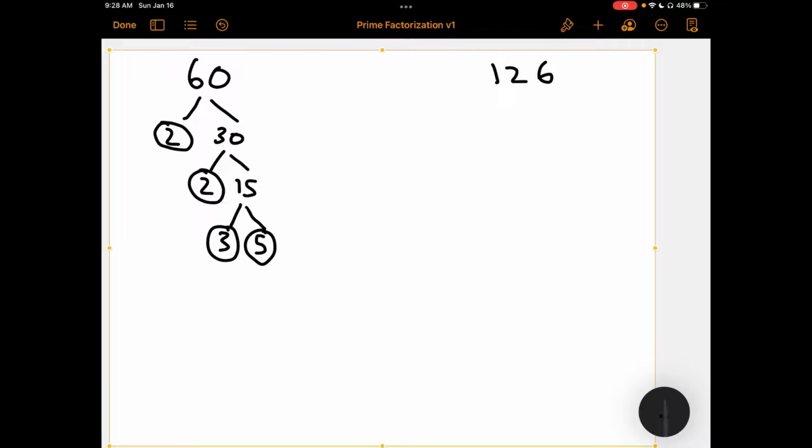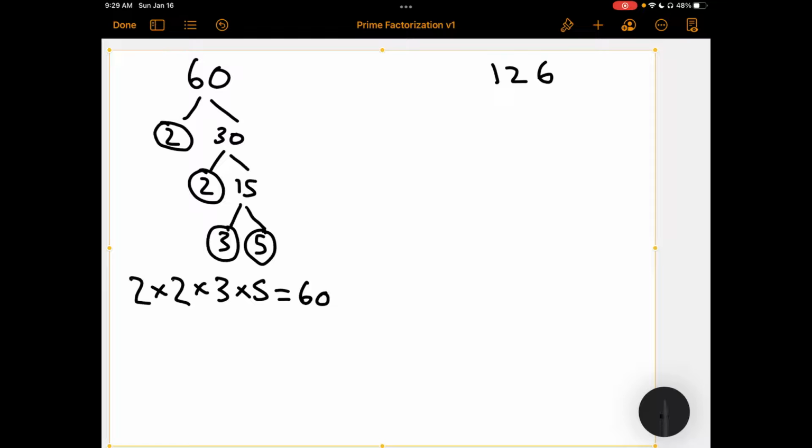The way you can check this is you can multiply all of your prime numbers and it should give you that number. So 2 times 2 times 3 times 5 gives you 60. You can put it into a calculator or work it by hand, but either way, that's going to give you the number 60.